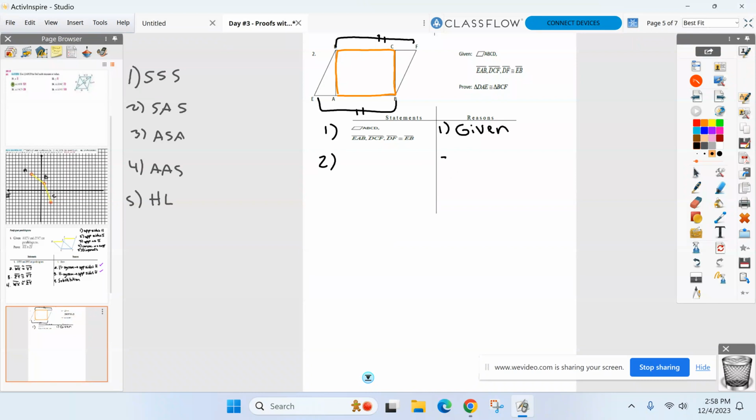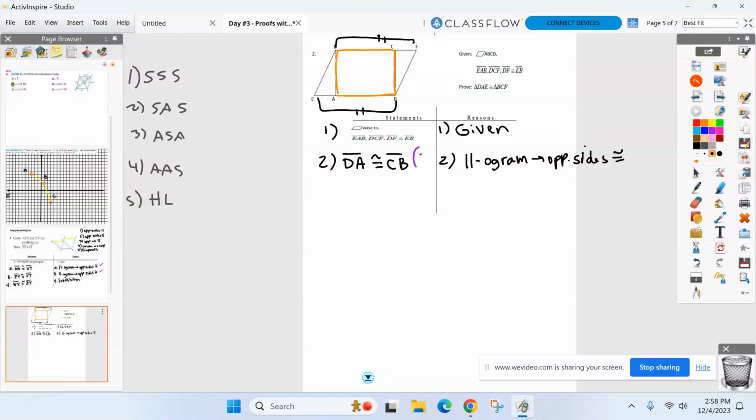So let's start by using the properties of a parallelogram. We can say EA, sorry, wrong side. How about DA is congruent to CB because they are opposite sides of that parallelogram. So parallelogram implies opposite sides congruent.